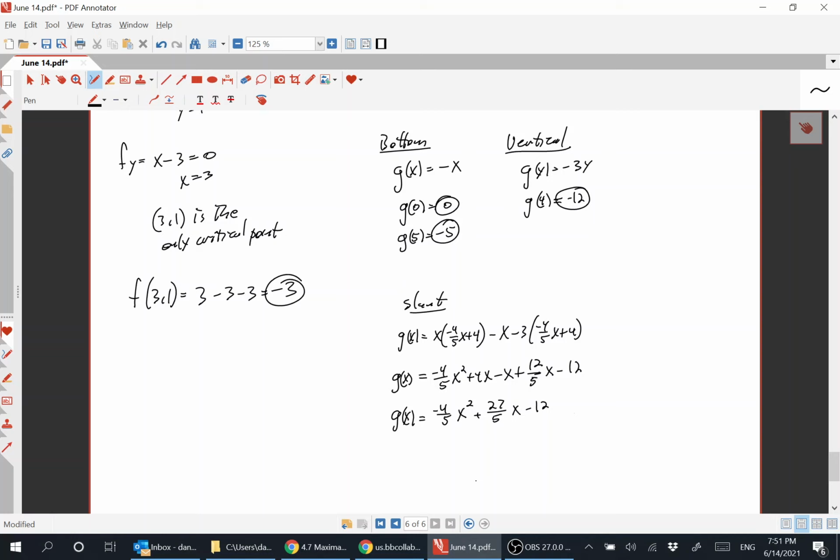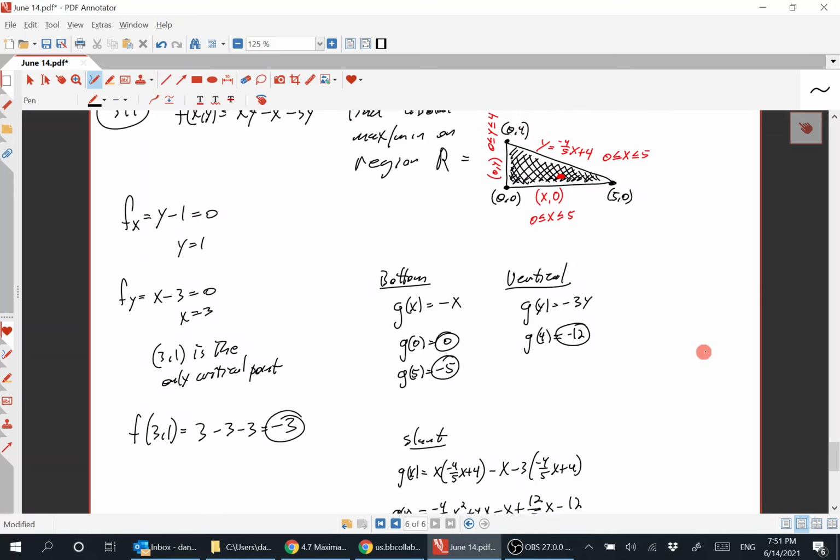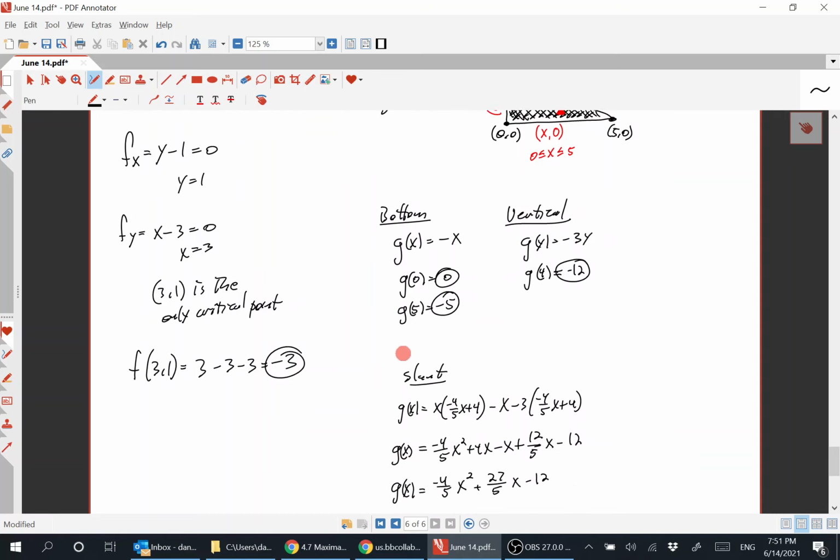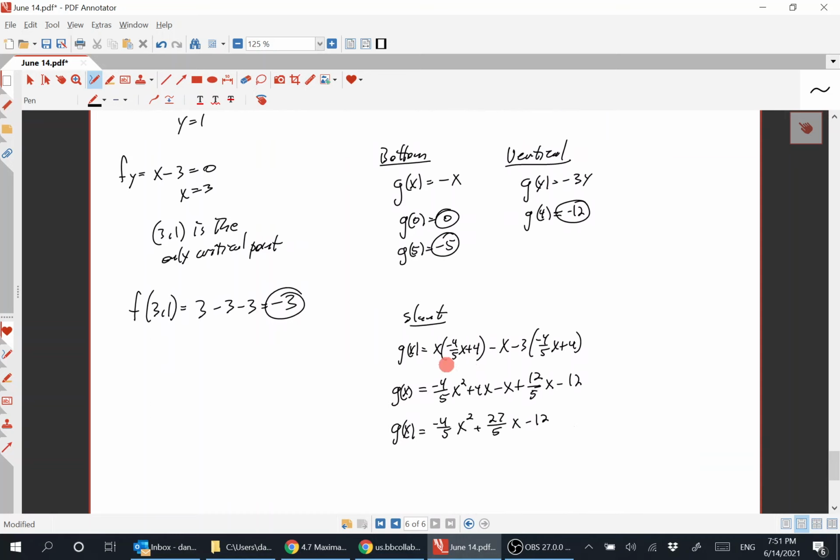That's my single variable function obtained from the two variable function along that slant. Along that slant we use that y is equal to minus 4/5 x plus 4. Let me double check that.